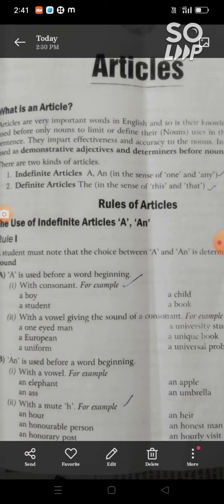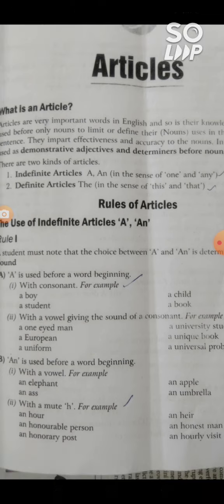And next, one more important point. Sometimes the word which begins with H is silent. So you see, an hour, H is silent here. An heir, H is silent. An honorable person, an honorary post, an honest man, an hourly visit, not "ha". The pronunciation starts with a vowel sound.